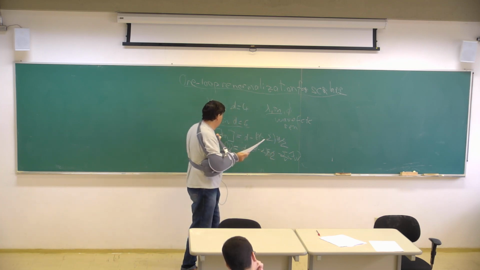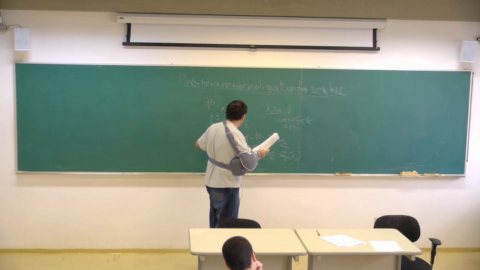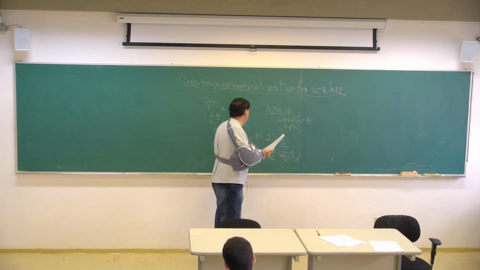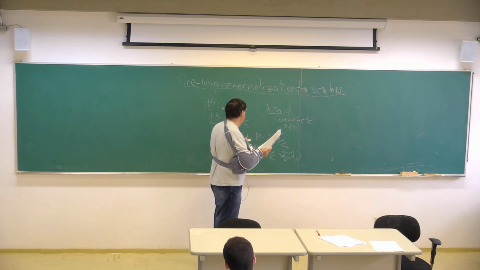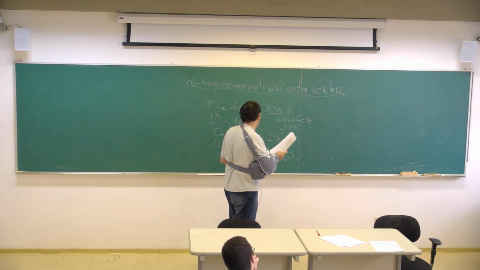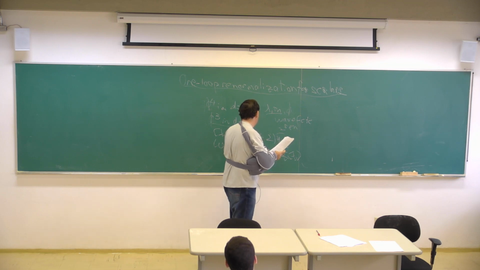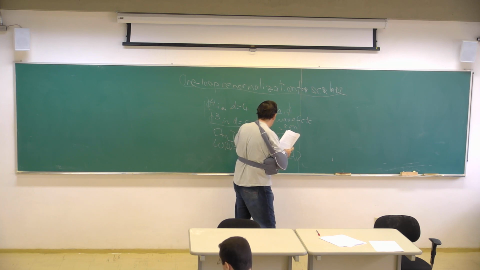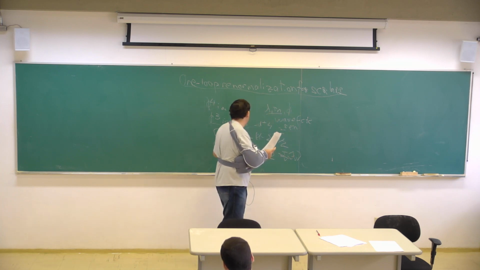So first of all, let's check the dimension of lambda. For phi 4, this would be 2. And then, as you can see, we will get, wait a moment, what did I do? Yeah, it is right. So it is minus d plus 4.